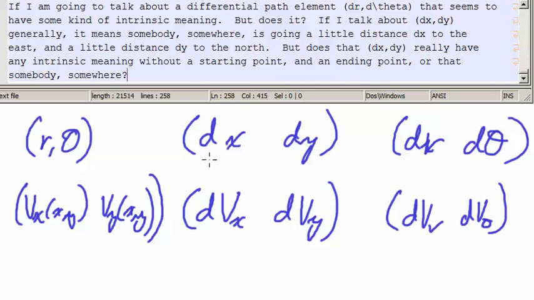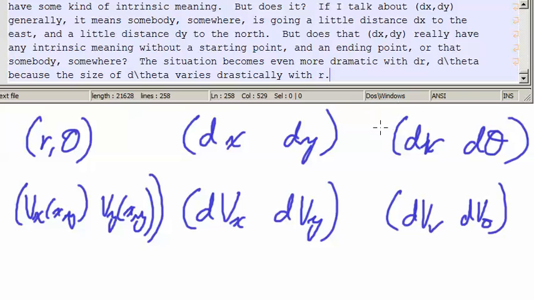But does that dx dy really have any intrinsic meaning without a starting point, an ending point, or that somebody somewhere? The situation becomes even more dramatic with dr d theta, because the size of d theta varies drastically with r.